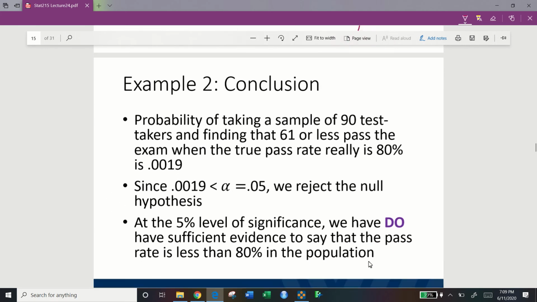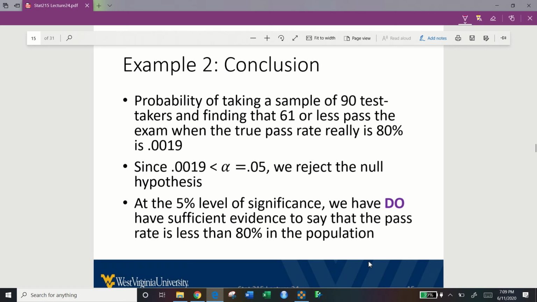That's pretty small. So this means that the probability of taking a sample of 90 test takers and finding that 61 or less pass the exam when the true pass rate is 80% is 0.0019.